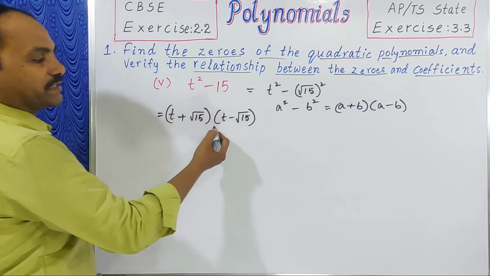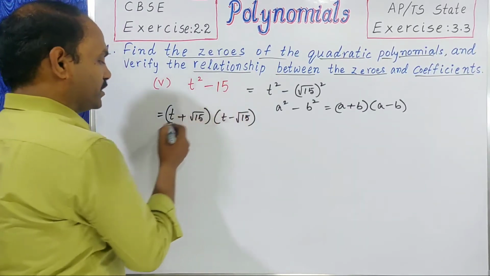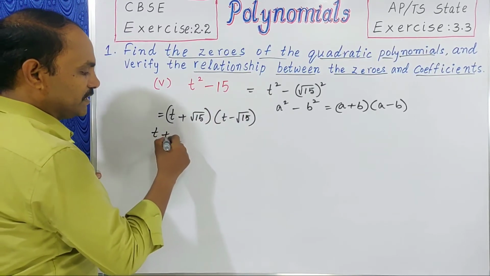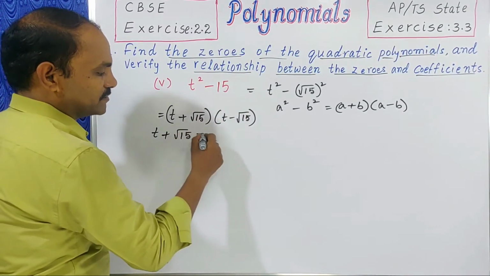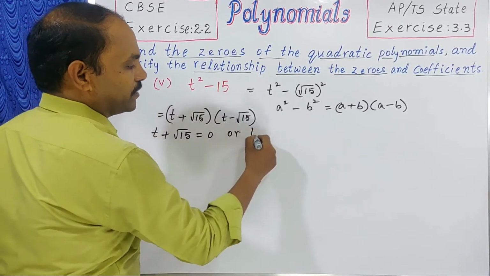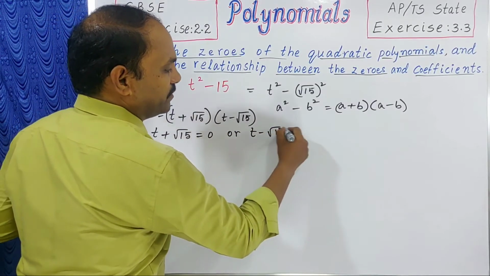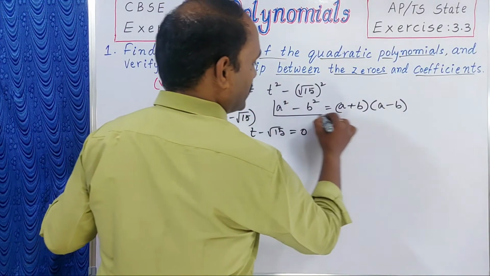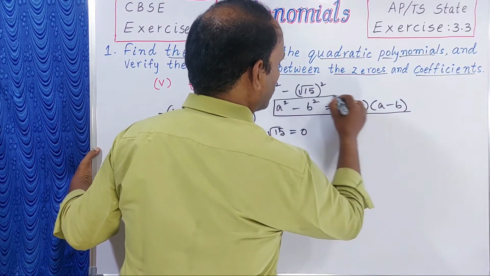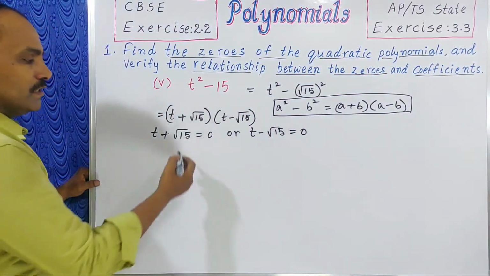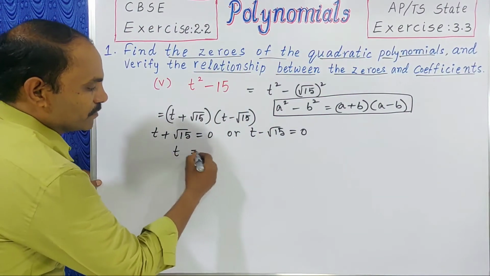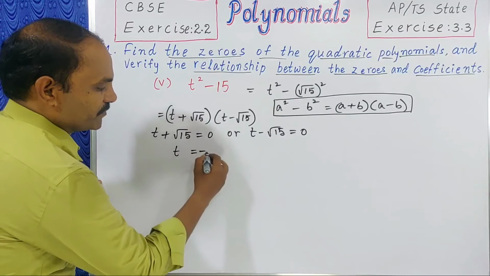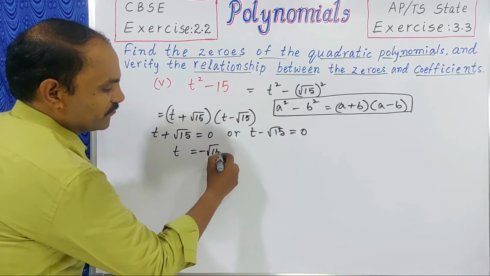These two are the factors. Then make them equal to 0. t plus root 15 is equal to 0 or t minus root 15 is equal to 0. This one is the formula, that's why draw a box. Now t is equal to plus root 15 becomes minus root 15.